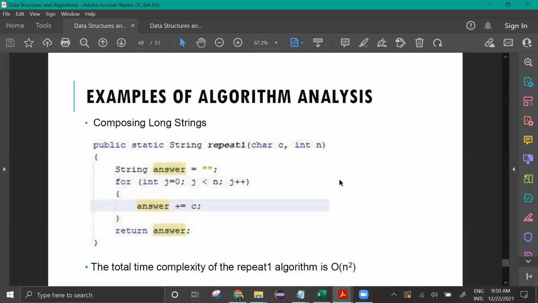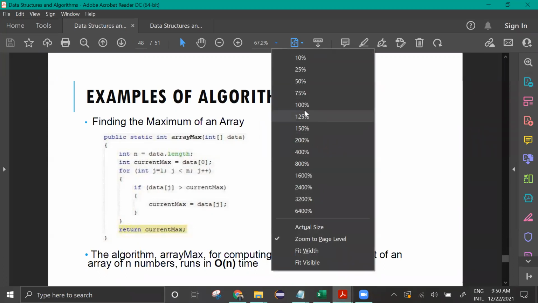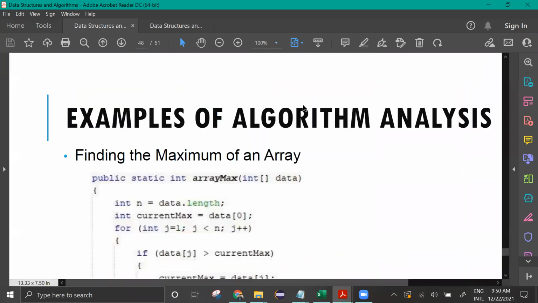Right, okay. Check this program, if it is not clear.